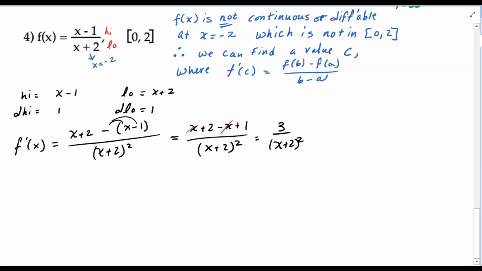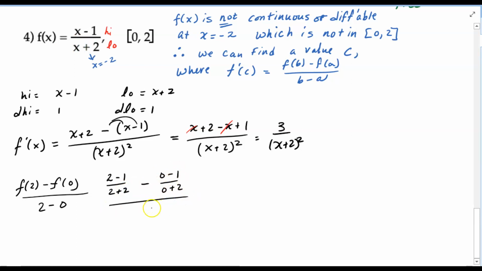Now I need to find the slope of the secant by plugging in the 2 and the 0. This part can get tricky if you're not careful, but it's not that bad. So you end up with 2 minus 1 over 2 plus 2, minus 0 minus 1 over 0 plus 2, all divided by 2.